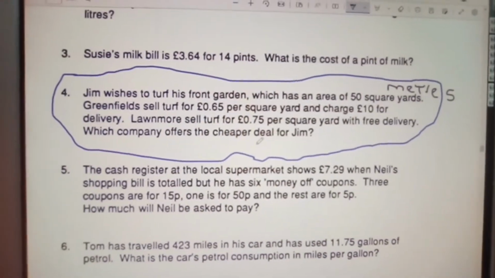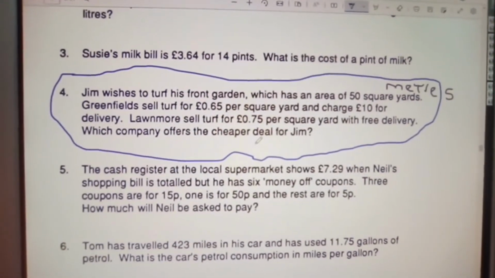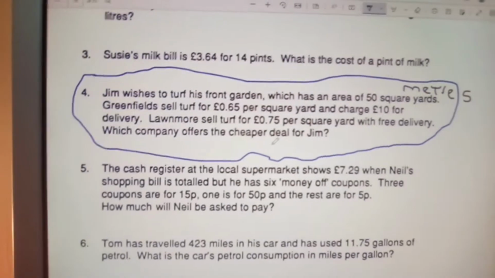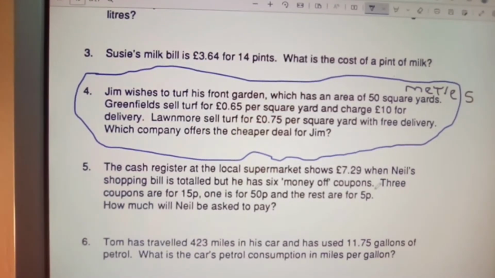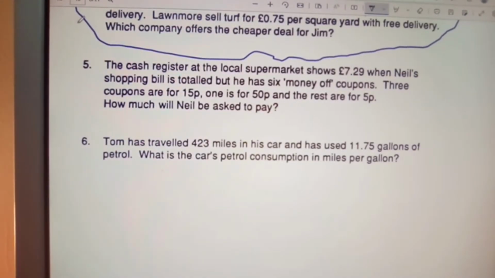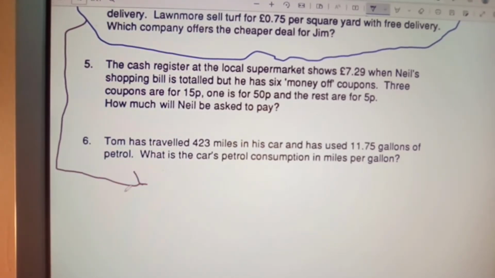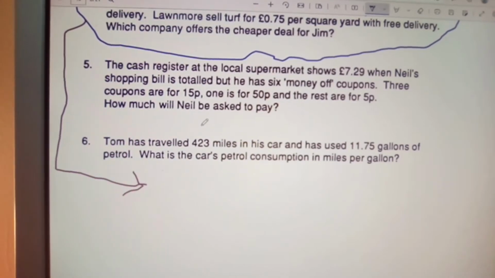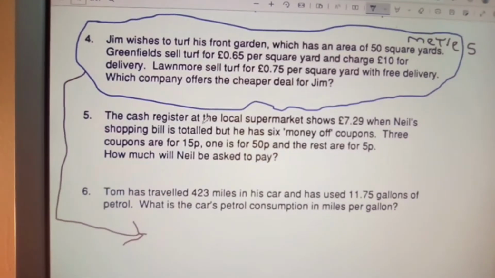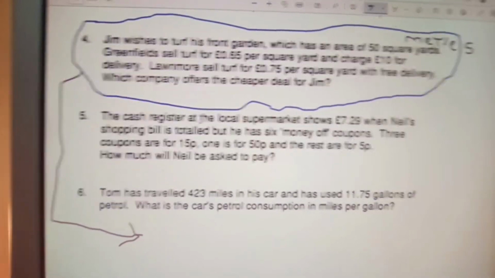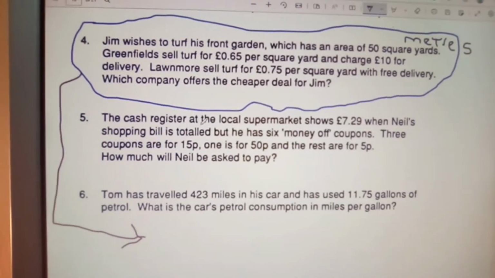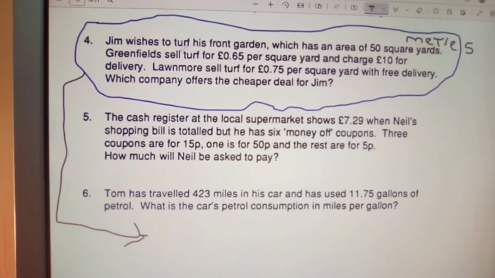Now that's interesting, isn't it? So here we now have to extract the information that we need, and we're going to come all the way down to the bottom now to bring all the information into play. Okay, so what have we got?